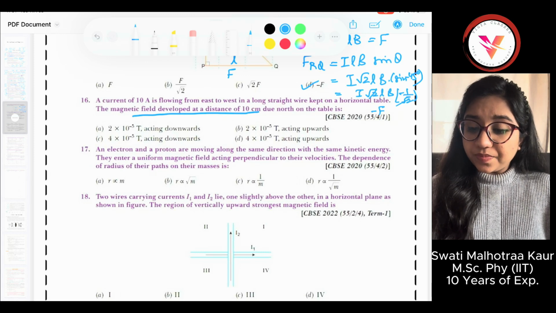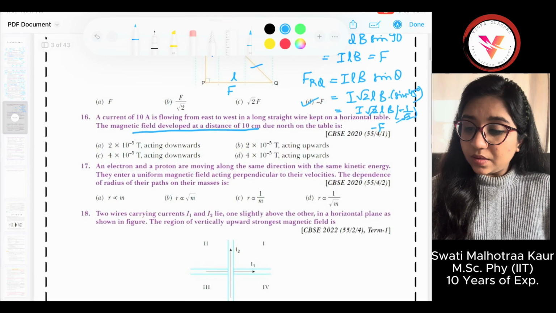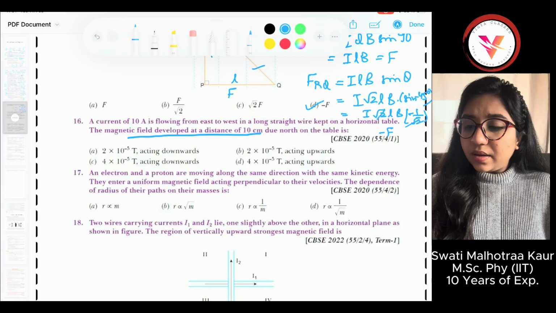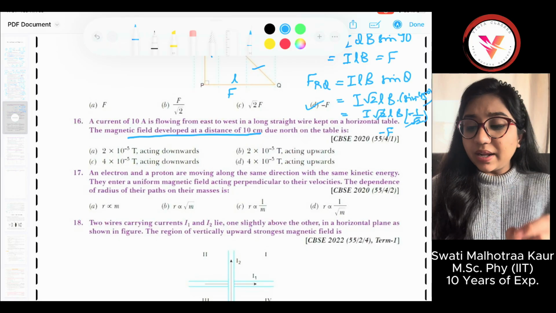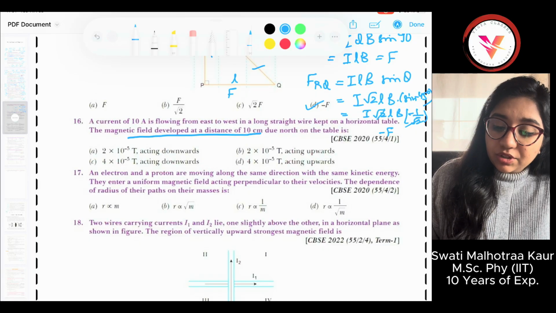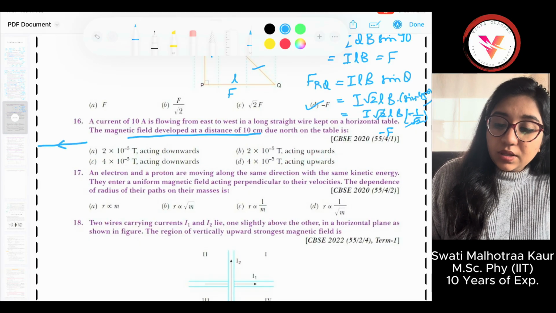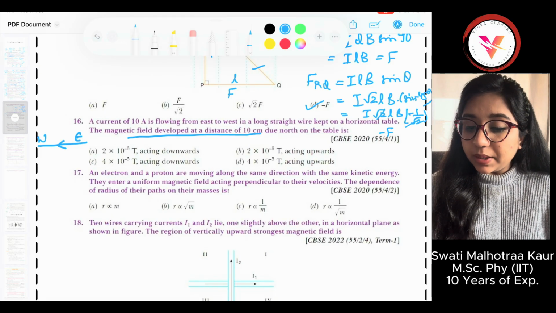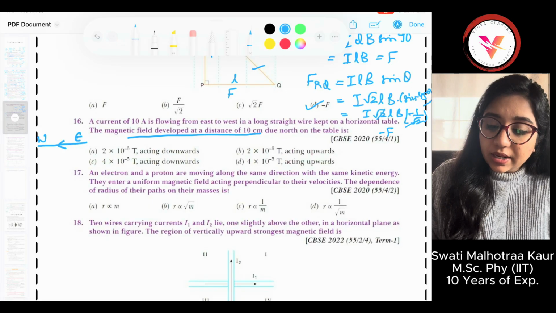Okay, so a current of 10 ampere is flowing from east to west in a long straight wire kept on a horizontal table. Current I is given as 10 ampere.